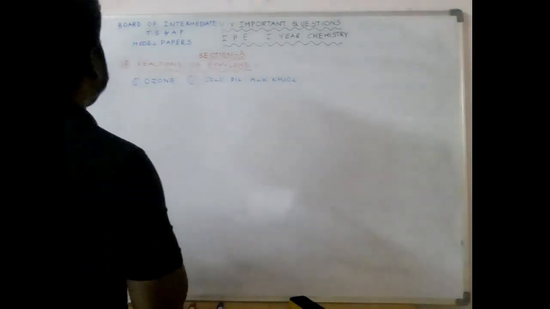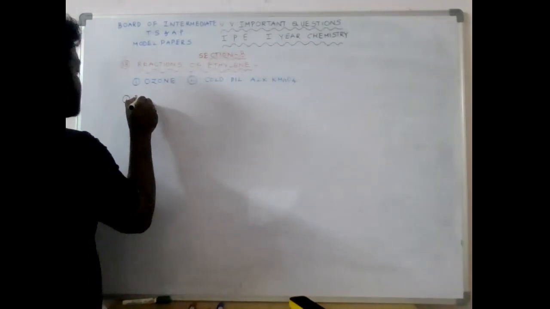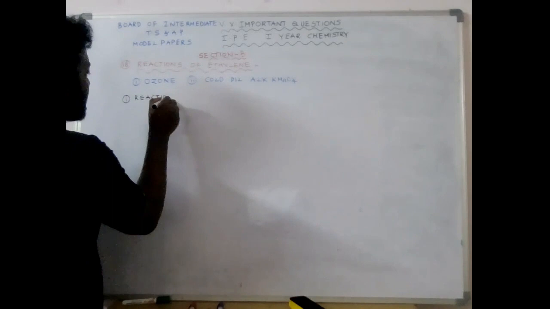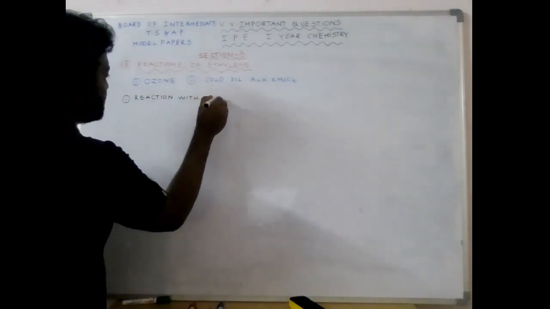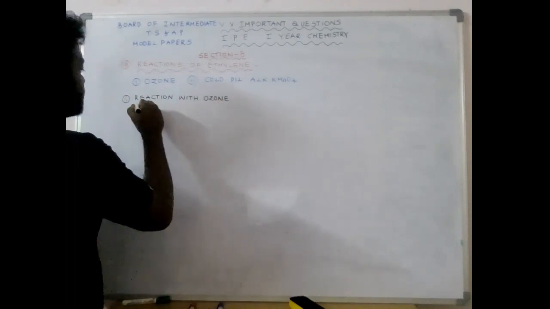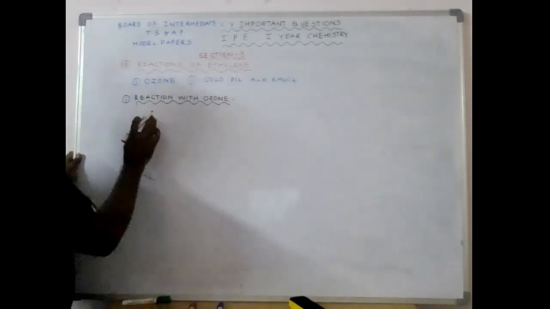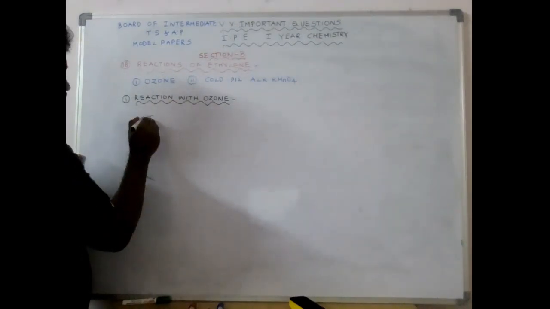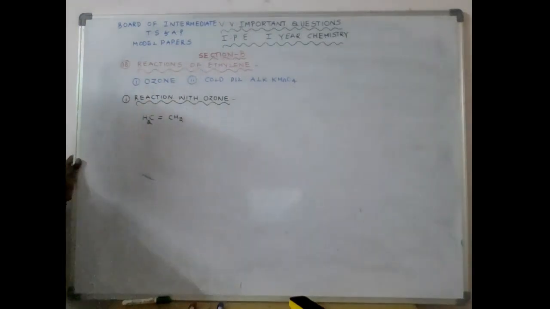So what will happen? First one, ozone. Reaction with ozone. With ozone, which one is reacting? Ethylene. So ethylene reaction with ozone, that is the point. So ethylene, we have to take CH2 double bond CH2. This is called ethylene. Correct?